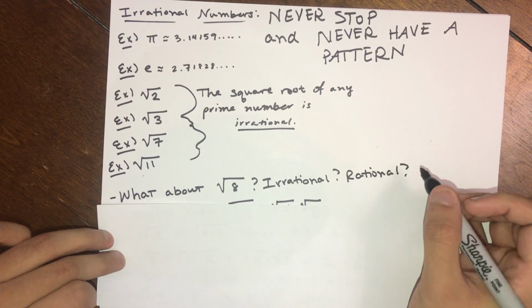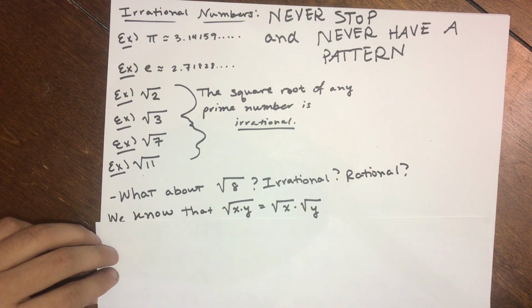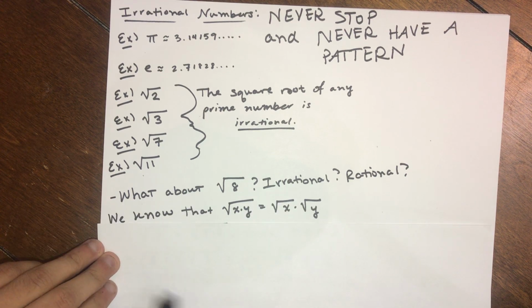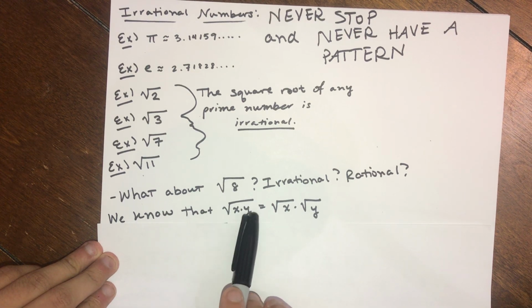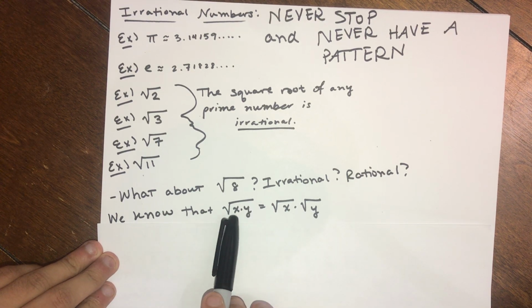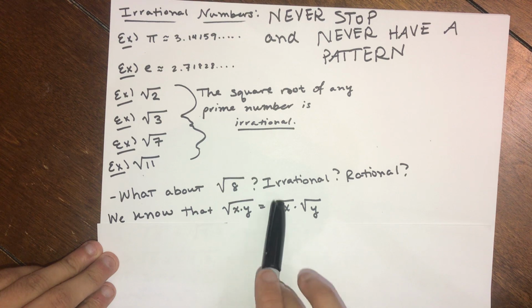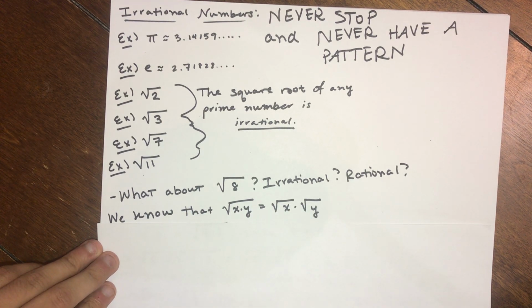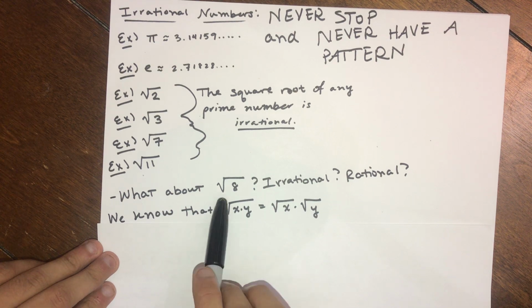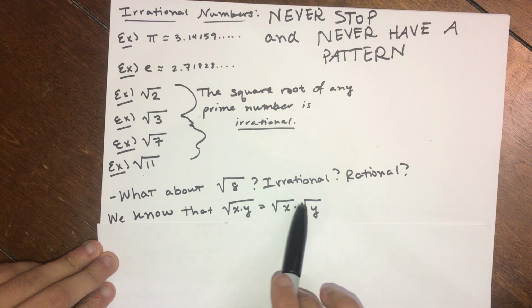So, remember what we did was I introduced this nice little square root rule where we said that the square root of x times y, just the product, is going to be equal to the square root of x by itself times the square root of y by itself. Okay, we say that the square root of the product is the product of the square roots.